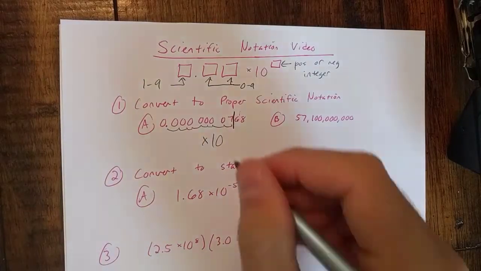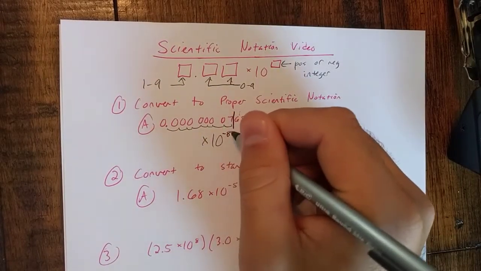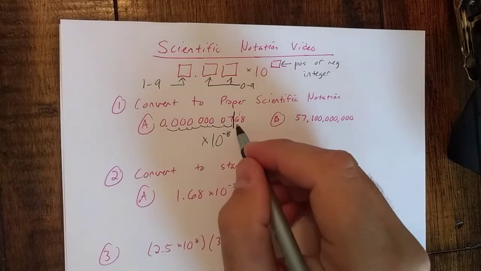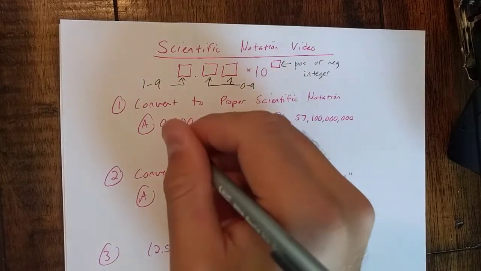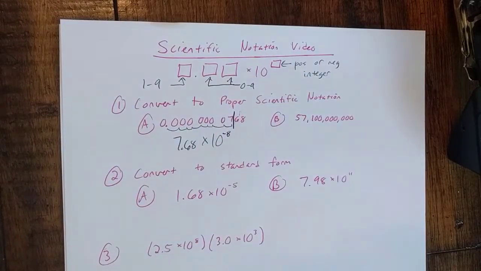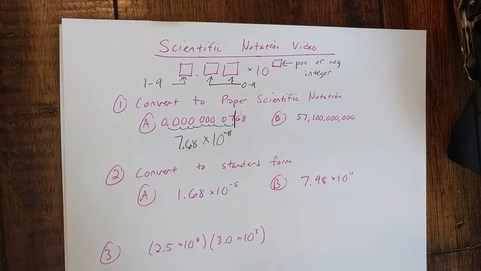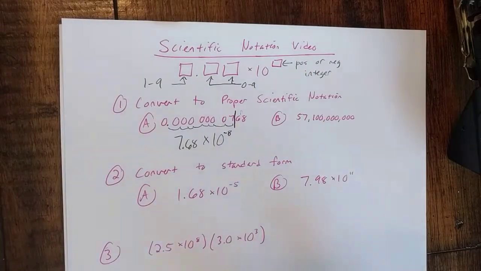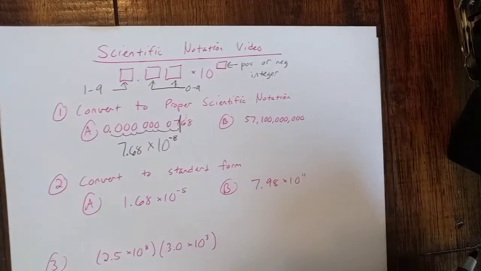And if it's a really small number, it should obviously be a negative power of 8. Now what is the number in front? It's 7.68 times 10 to the power of negative 8. And so when someone looks at this number and they see the power of negative 8, they know it's a very, very small number.